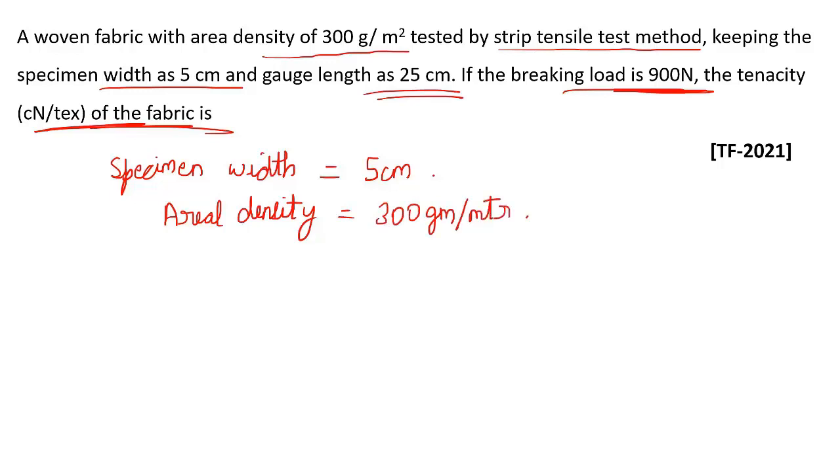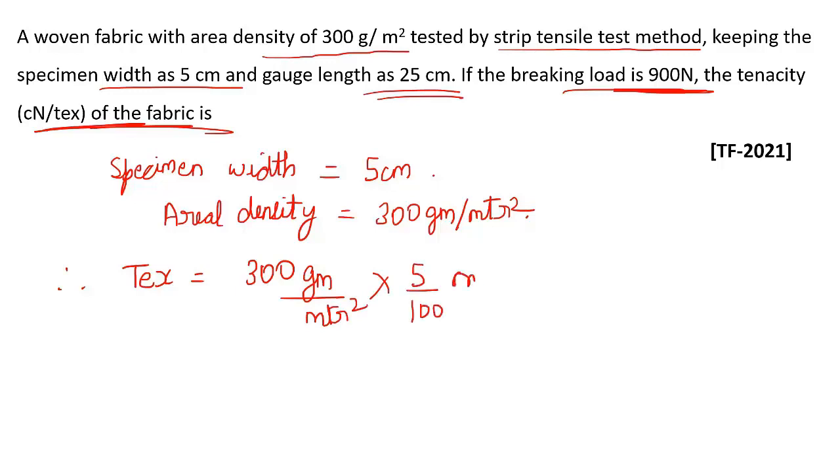So we can calculate the tex of the fabric. Tex is the yarn count in the direct system. Tex is equal to 300 gram per meter square into 5 centimeter. We can write it in meter, 300 upon 100 meter.